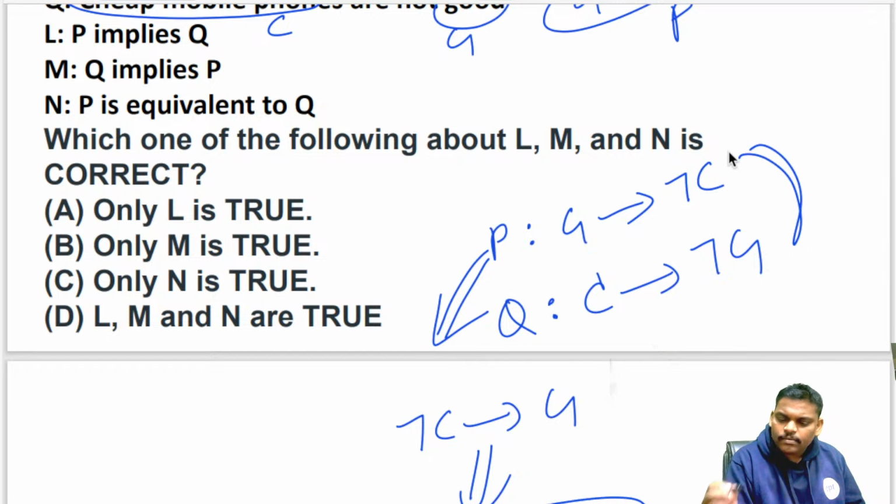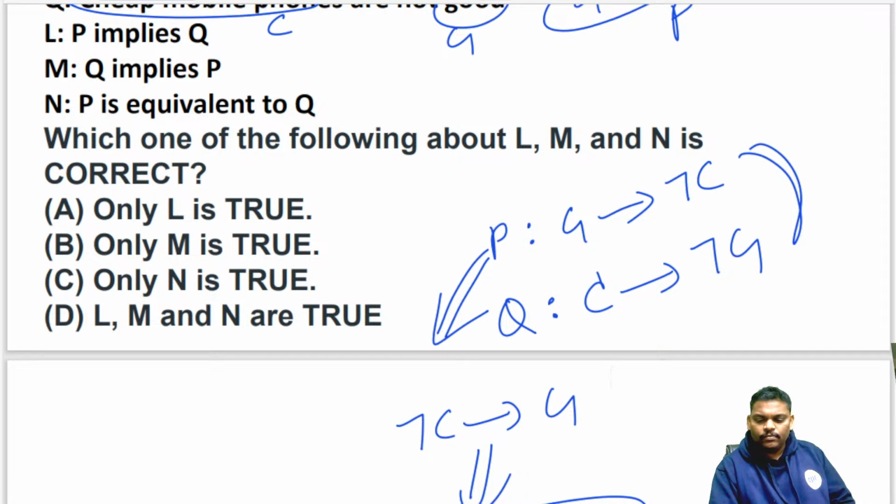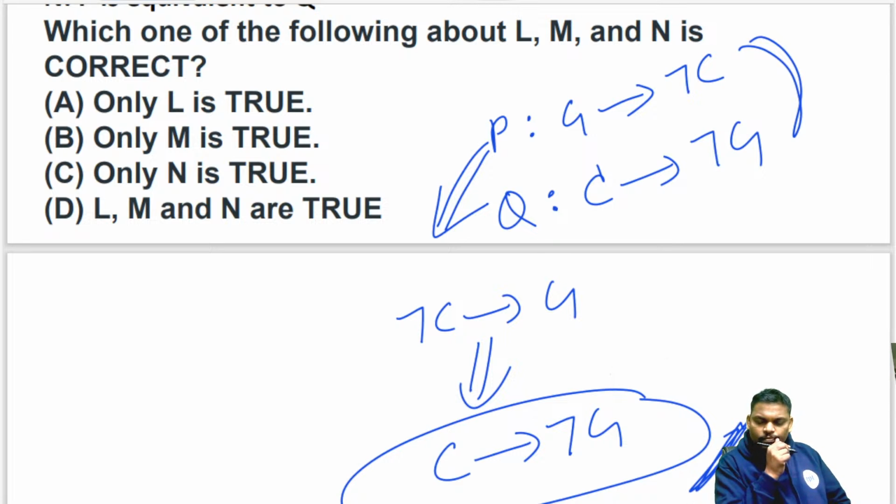First do inverse, then do negation. In the class notes we wrote the name also. Do inverse first, then do negation, then both are equal.